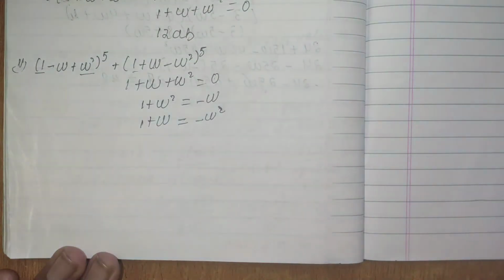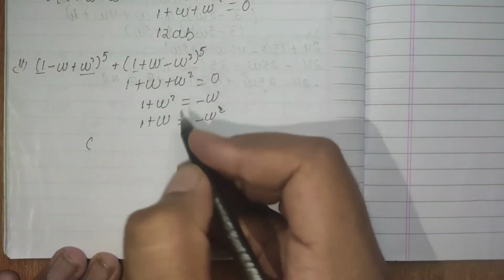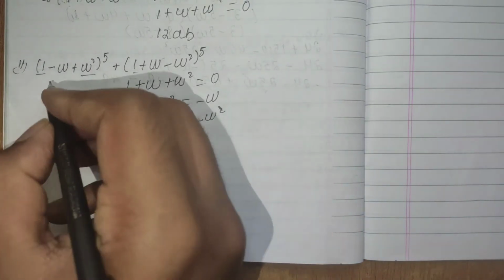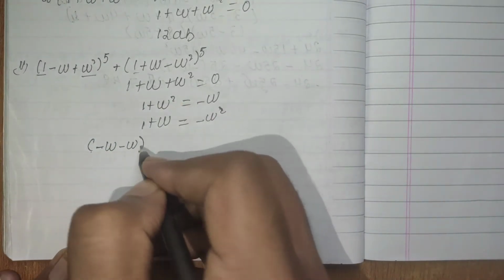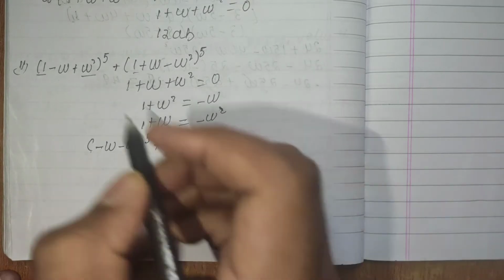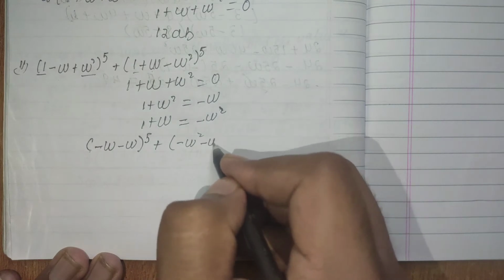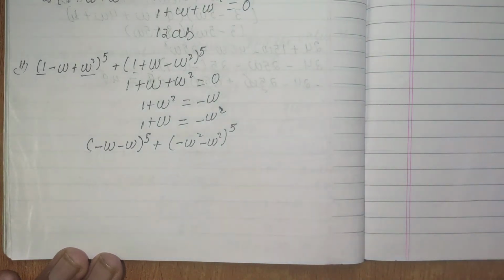So substitute the values in it. 1 plus omega is minus omega, and here having (minus omega) whole power 5 plus 1 plus omega is minus omega square, and you are having (minus omega square) whole power 5.